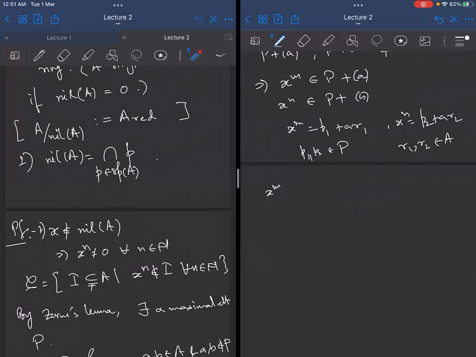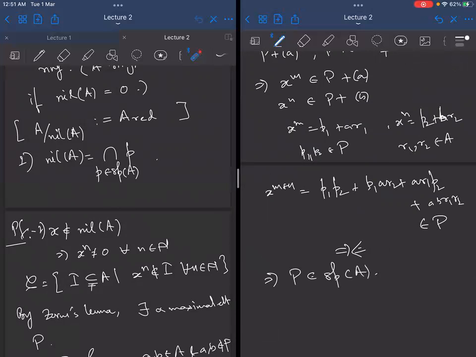Then x to the power m plus n, if you multiply, will be of this form, plus a b times something, and this belongs to P. But that's a contradiction because P cannot contain any power of x. And therefore, P has to be a prime ideal of A.